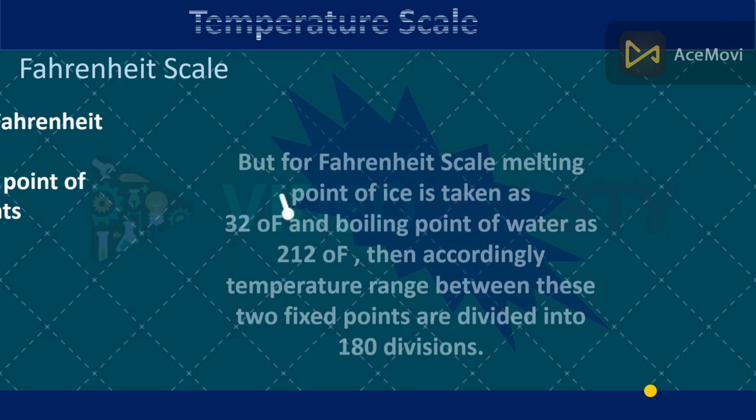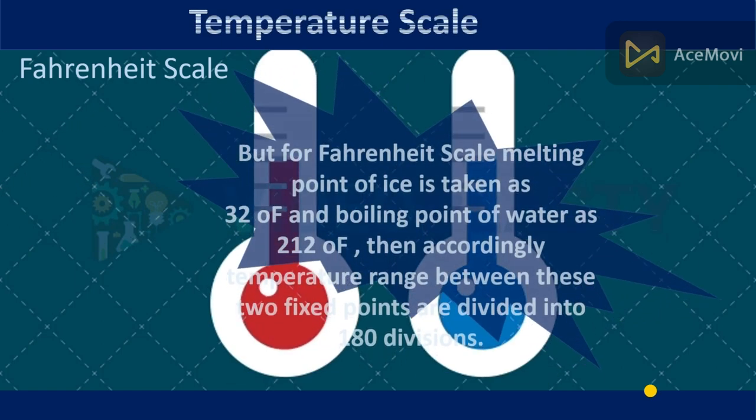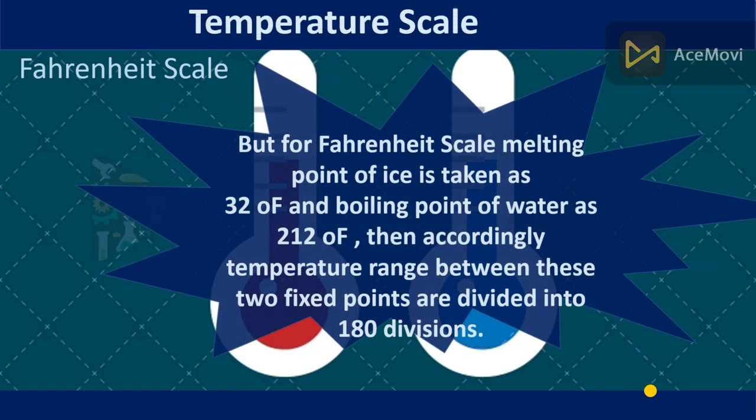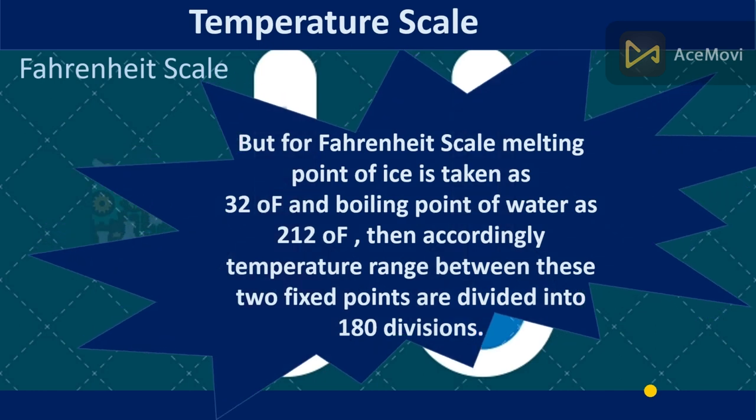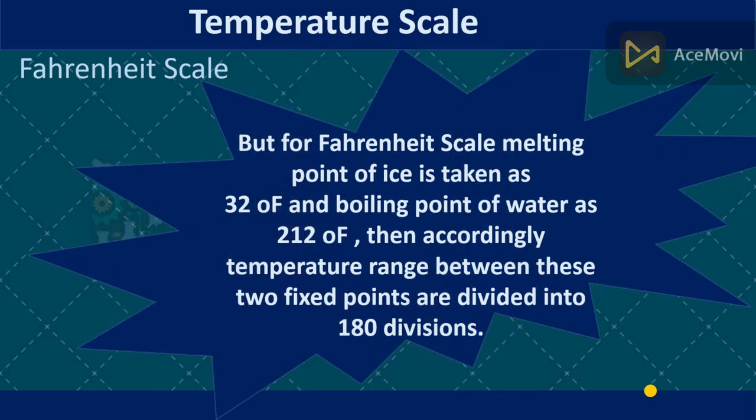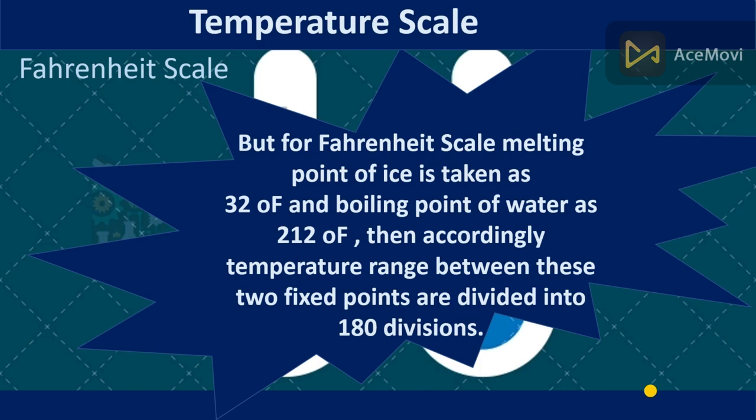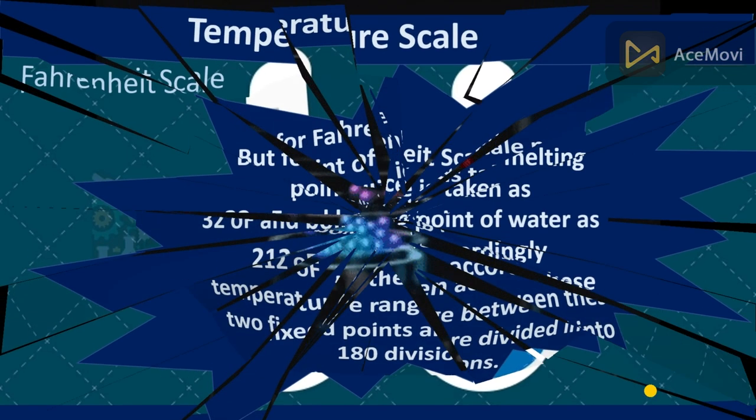But the difference between the Celsius scale and the Fahrenheit scale is, in the Fahrenheit scale the melting point of ice is taken as 32 degrees Fahrenheit and the boiling point of water as degrees Fahrenheit, then accordingly the temperature range between these two fixed points is divided into 180 divisions.